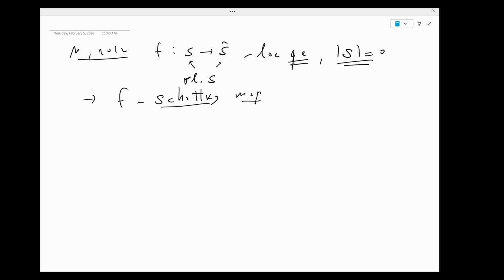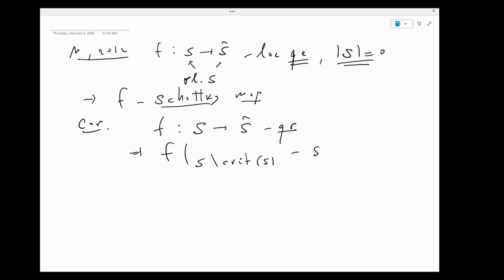In fact, I conjectured in this paper that maybe it's actually a C infinity map, so if you take the derivative over and over, it will always exist, just like conformal maps. As a corollary of this result, if you happen to have a quasi-regular map, then restricted to S minus critical points it is a Schottky map.